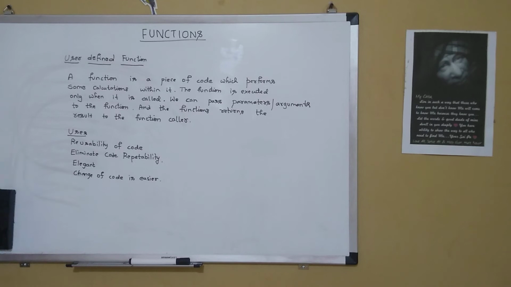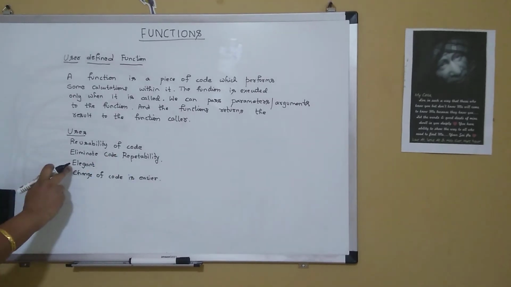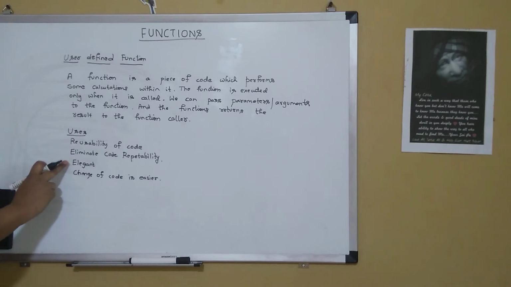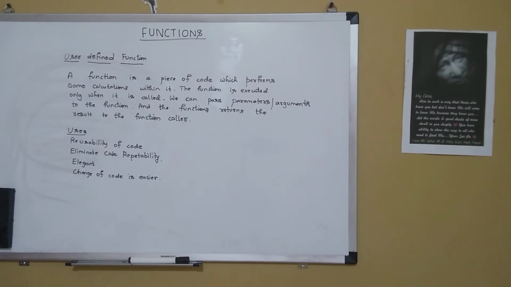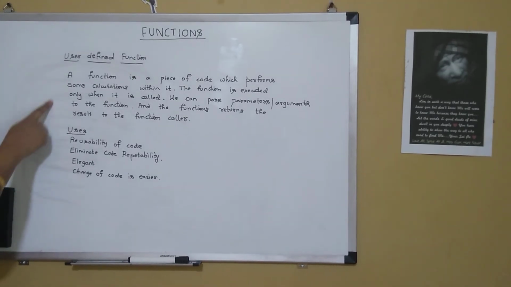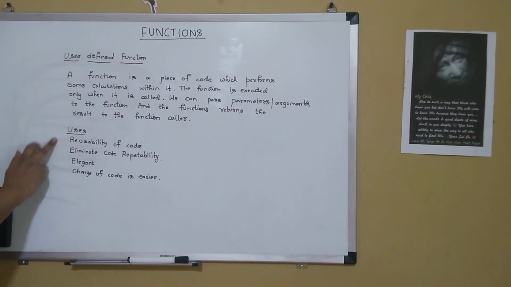And since it requires fewer lines of code, the code looks elegant, and changing the code is easier because we can change it at one particular position. We need not change it at each and every position in the code. So this is the definition, and these are the uses of function.